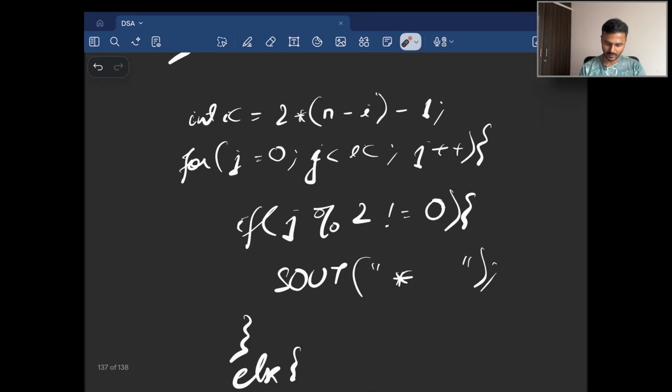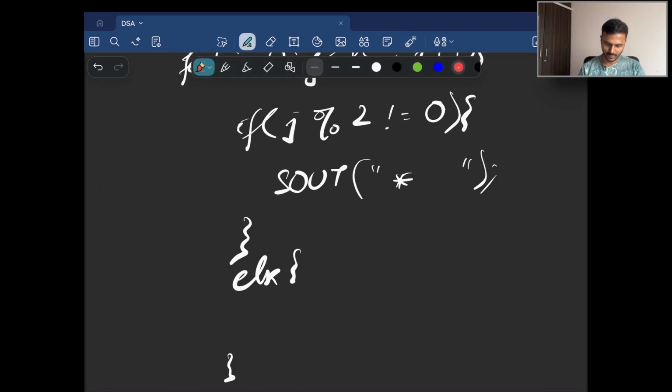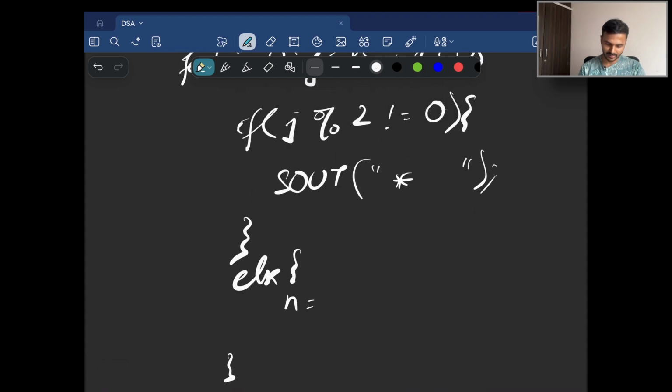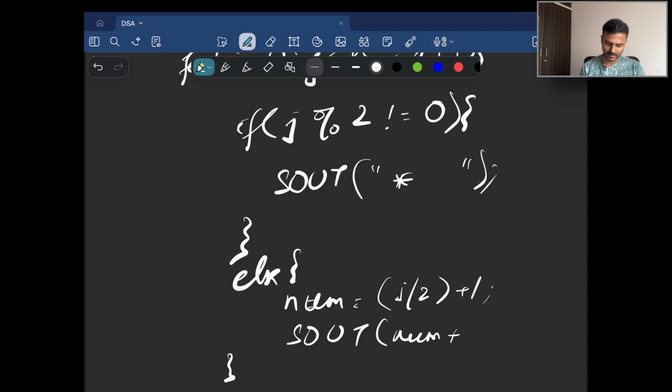So if we come back to the pseudocode that we were writing, over here, can we say that the number that we are supposed to print, let's say num, will be j by 2 plus 1. And once we have this number, all we will have to do is print num plus a space, and that is all, right? And of course, we'll have to put a println over here. And with this, we'll be done with the code, right?